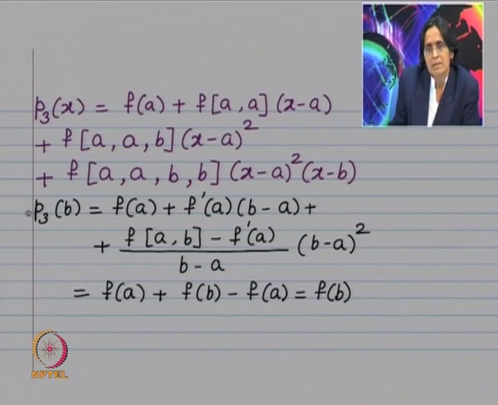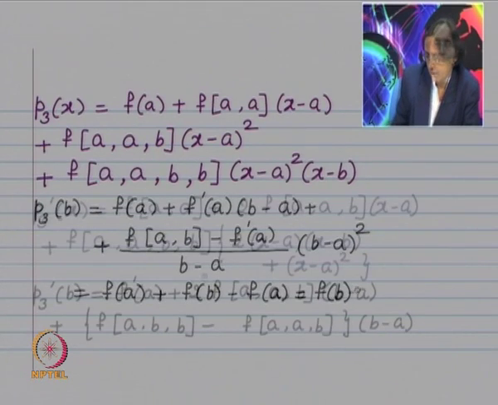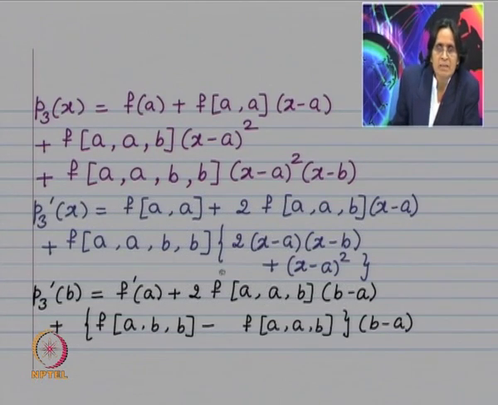So, thus P 3 interpolates the function value at b, and now what remains is whether it interpolates the derivative value at point b. So, this is our P 3 dash x we have seen earlier. Put x is equal to b and then you will have f dash a plus 2 times f of a a b into b minus a plus this.